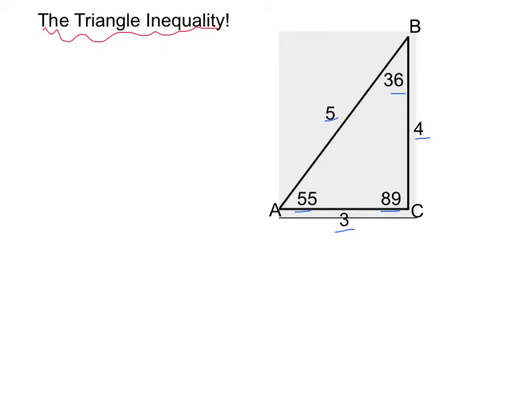After measuring each side to the nearest tenth and each angle to the nearest degree, you are asked to describe a relationship between the location of the longest side and the largest angle. So my longest side is definitely 5. My largest angle is definitely 89. So it looks like the relationship is that the 5 is opposite the 89, that the side is opposite the largest angle. And in fact, number 4 says describe the relationship between the shortest side and the smallest angle.